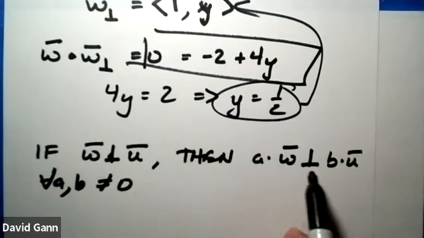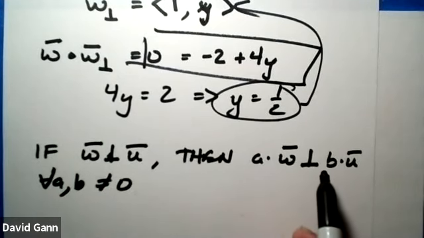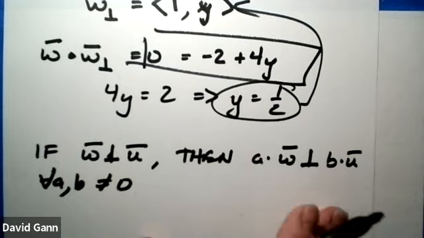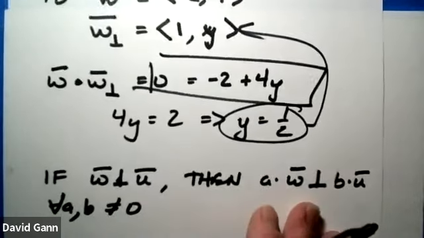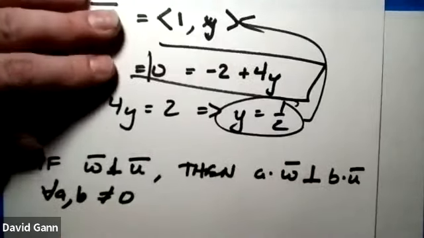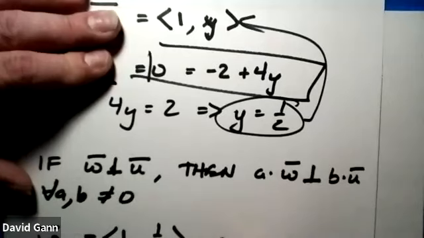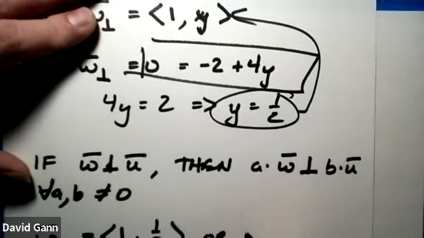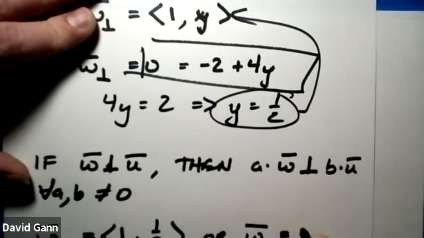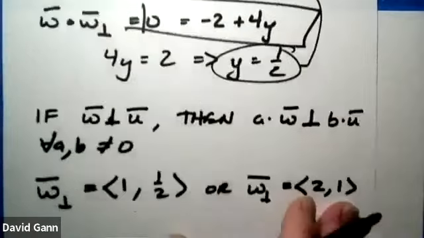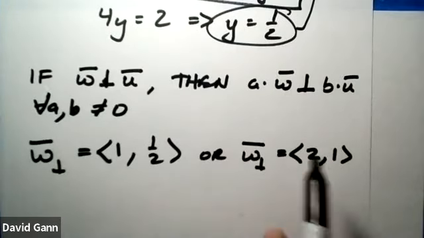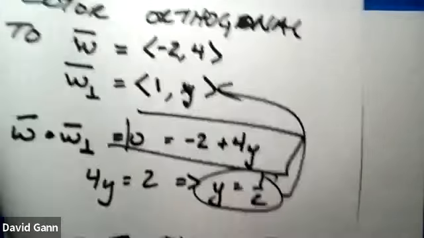So it doesn't matter if you multiply them by a scalar, you end up with the same result. That's a long-winded way of saying that I could write this perpendicular as 1, 1/2, or I could just double it and say it's equal to 2, 1.